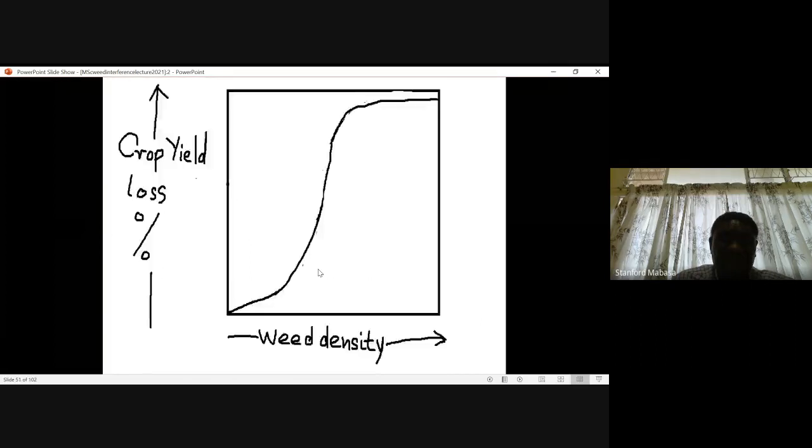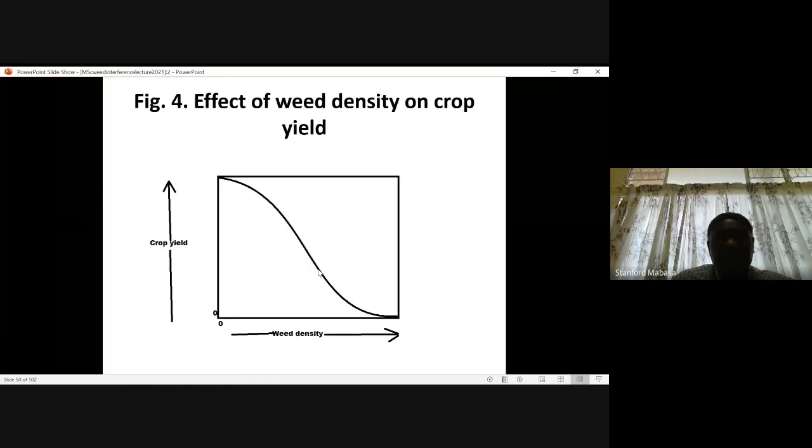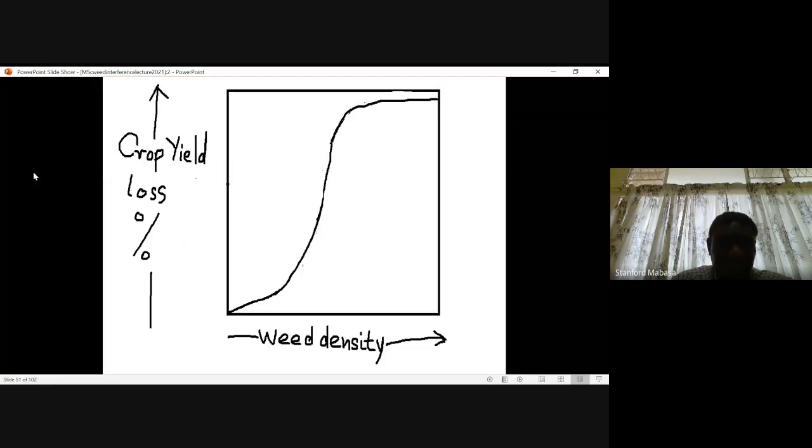If I go back a bit, this curve, which is sigmoidal, was proposed by Zimdahl. And also this kind of crop yield loss, which is a sigmoidal shape, was also proposed by Zimdahl.